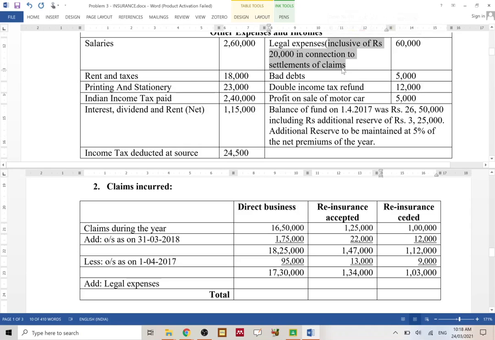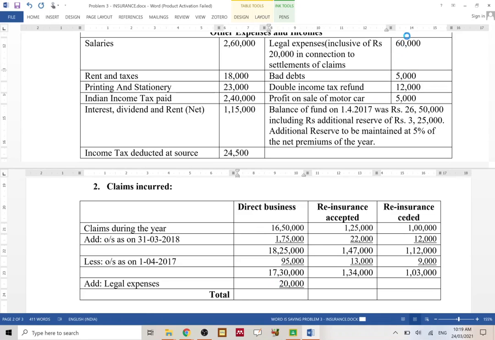So, what it means is, in total they have legal expenses of this business. They have one expense in their account, that is of all the legal expenses. Out of these total legal expenses, 20,000 is of claims. It is related to the settlement of claims. So, you have to take out that 20,000 from this 60 and add it to the direct business of claims.